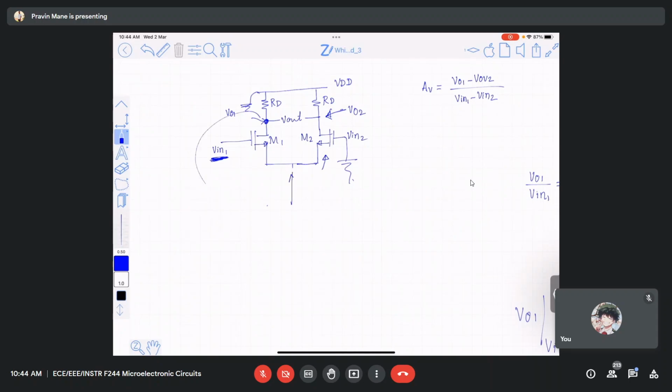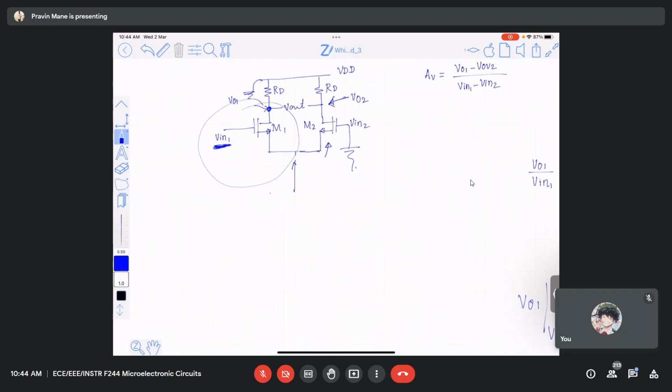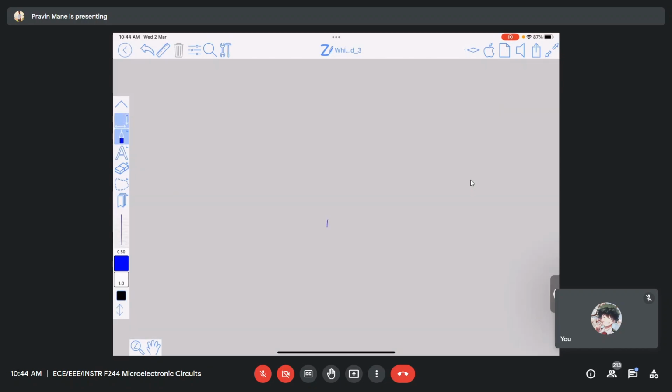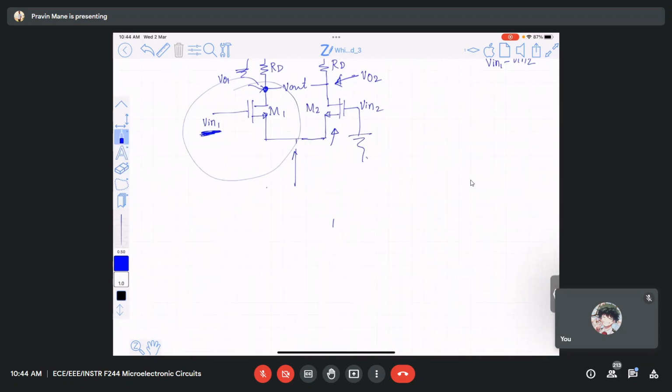So this circuit should be replaced by its Thevenin equivalent. What is a Thevenin equivalent? An equivalent circuit consisting of a resistor and a voltage source. Suppose the circuit is like this.